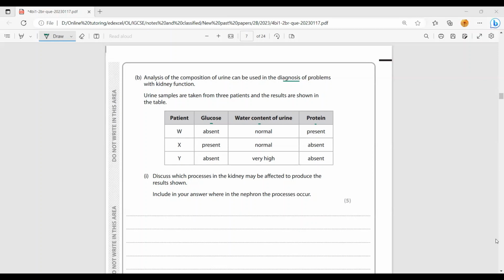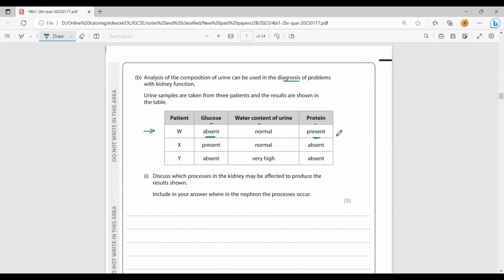so that we know the defect. When you told me ultrafiltration in the glomerulus into the Bowman's capsule, what was the reason? That glucose was absent and it has to be present, and the protein is present and it has to be absent. So the ultrafiltration process has a problem.